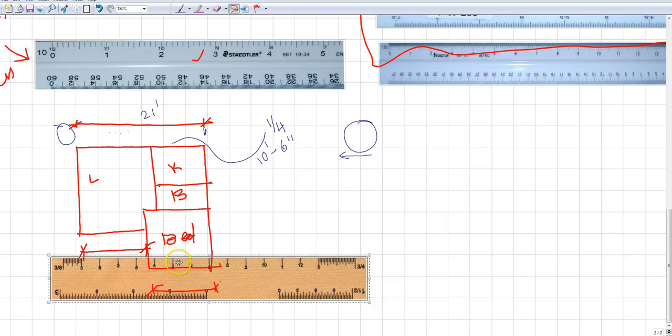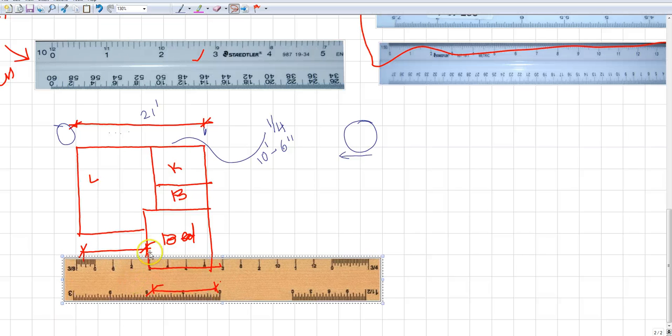I'm not using this, I'm using this. So this is 0, this is 1, this is 2, this is 3, this is 4. So it's a little less than 4, right? So to get the measurement, I'm going to slide it on the right side, line it up with 3, which I did right here, and read it in this direction. So I have 1, 2, 3. This is how much?